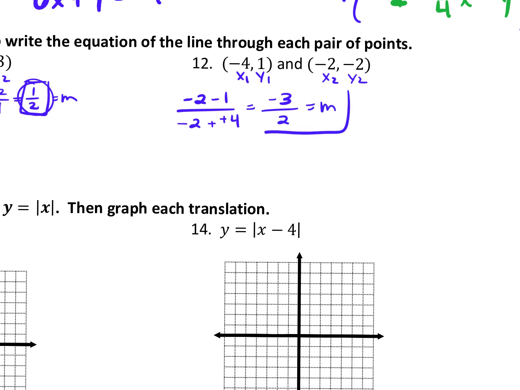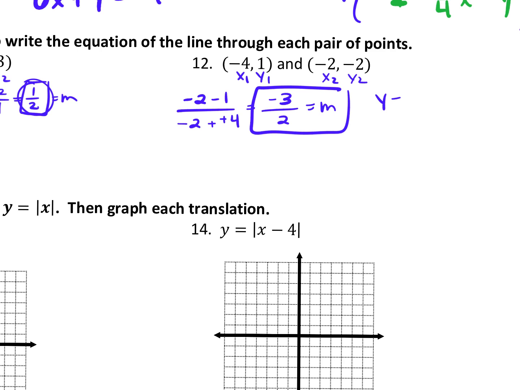Okay, so your slope would be a -3/2. And then you just pick which point you want to use to put it into point slope form. So y minus 1 equals a -3/2 times x minus a -4. You know what? Nope. I would probably use the other point. I would use this one because of the 2. I'm going to use the other one.